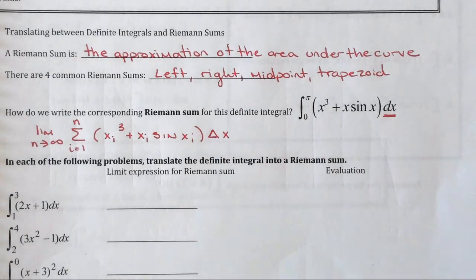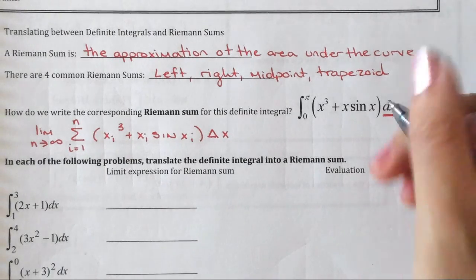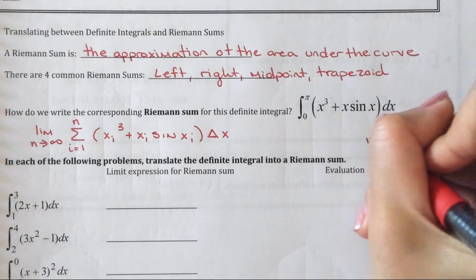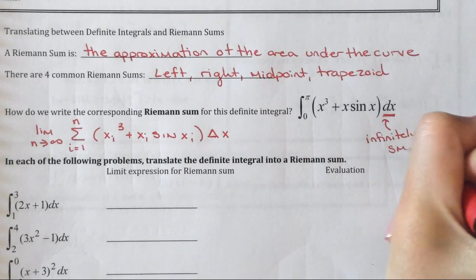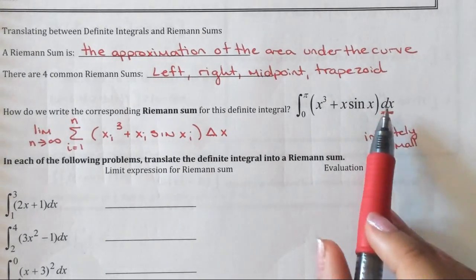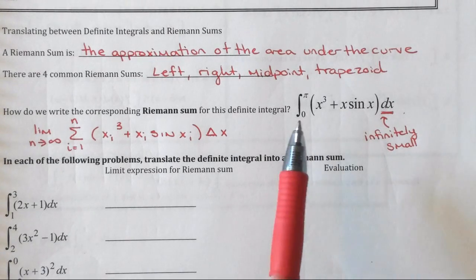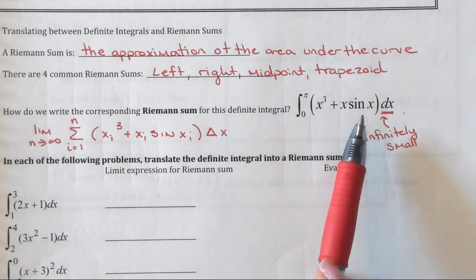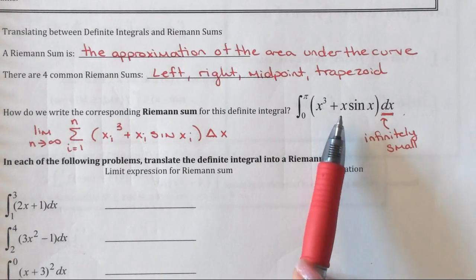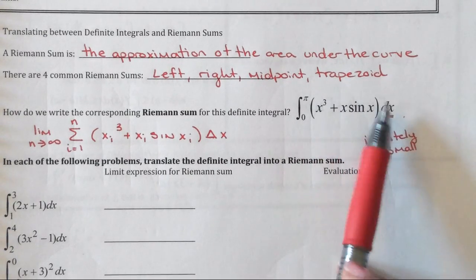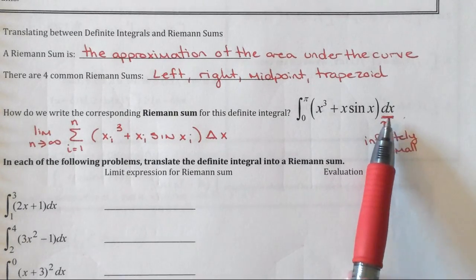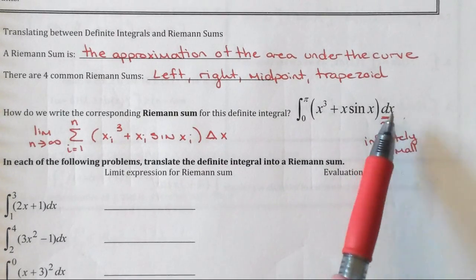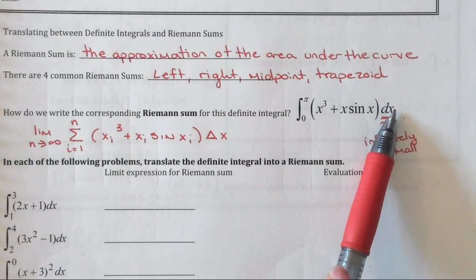When we're talking about integrals, the width of the rectangle is infinitely small, but we still have to write the dx, because we're finding the area under the curve, which is the function times the width of the base. So the dx always needs to be there when you're writing an integral.